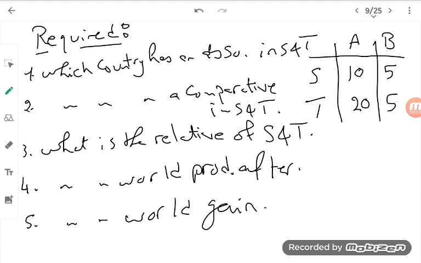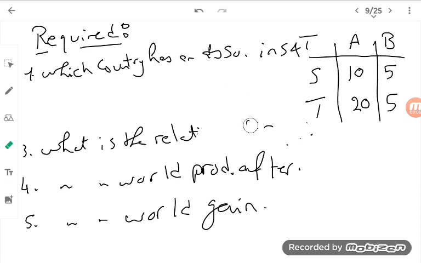Okay, number 1. Which country has an absolute advantage in the production of soybeans and which in textile?